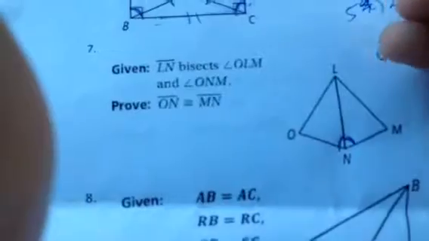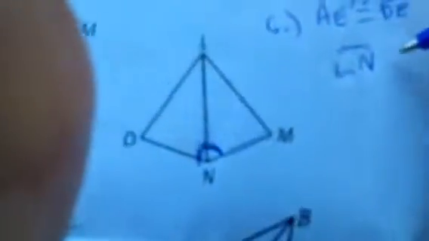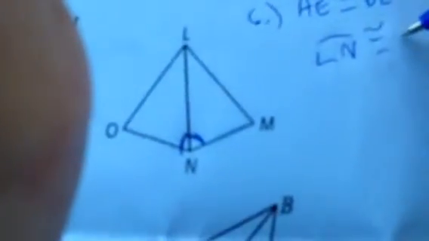Alright. Well, we know that LN is congruent to itself. So let me just jot that down real fast. I like to jot down what I know and what I don't know. So we have LN. We know that's reflexive. Oops, sorry, you can't see that. There we go, reflexive.